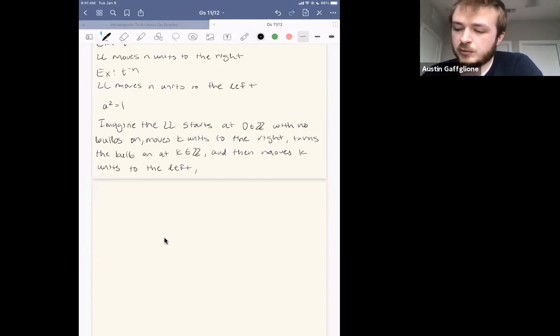So when the Lamplighter moves K units to the right, turns the bulb on at K, and then moves K units back to the left, the final position is going to be at 0.